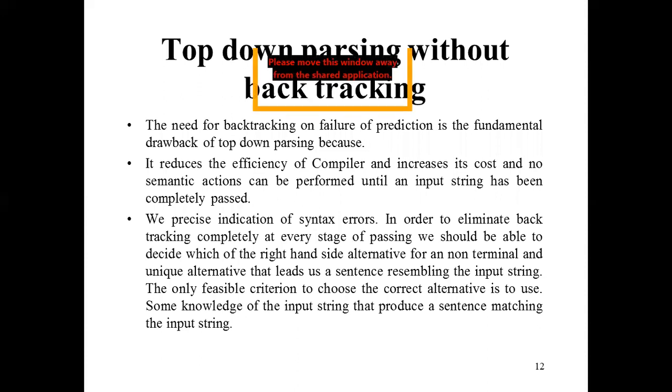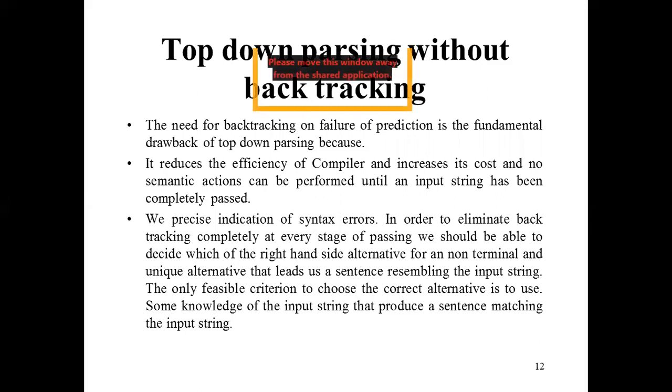The need for backtracking on failure of production is the fundamental drawback of top-down parsing. In the case of top-down parsing, we cannot use the backtracking method, which reduces the efficiency of the compiler, even though the efficiency here is more compared to the bottom-up parsing method.